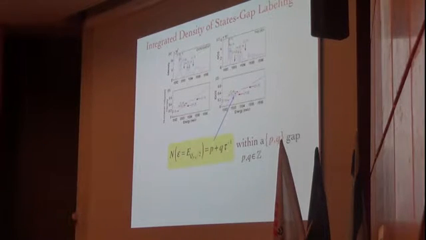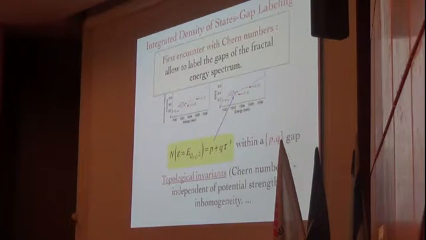Okay, tau is the golden mean, and the integrated density of states, the value of this here, is just given by this. Okay? And it works very well. Now, those 2 numbers are called the Chern numbers. Okay? And they are topological invariants, they are independent of the potential strengths, etc. And this is our first encounter with those Chern numbers.